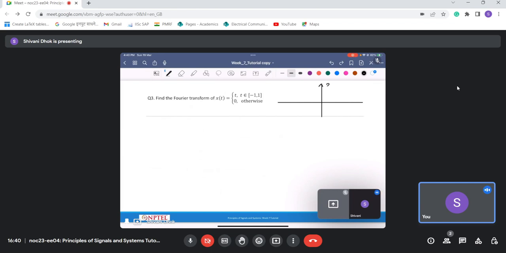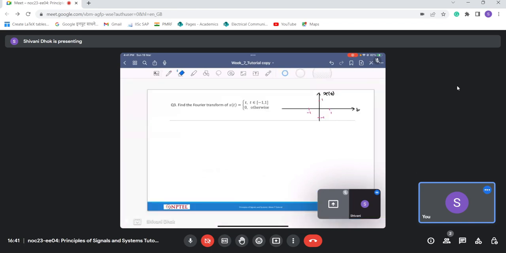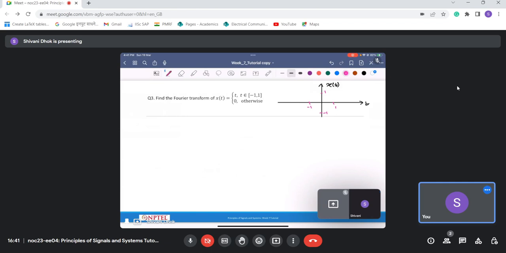This is the x(t) axis, this is t. I have minus 1 here and 1 here, and from here to here I am having a straight line and it is 0 otherwise. So this is the signal that we are having.